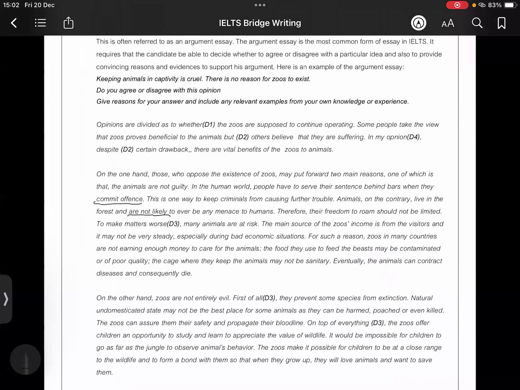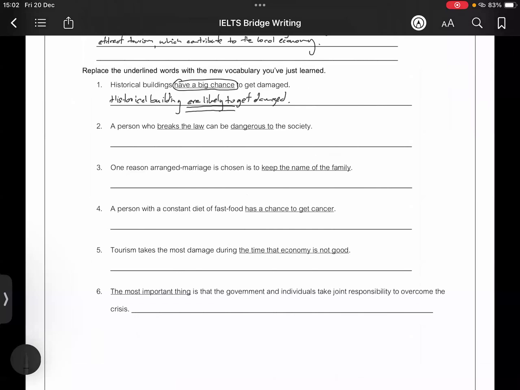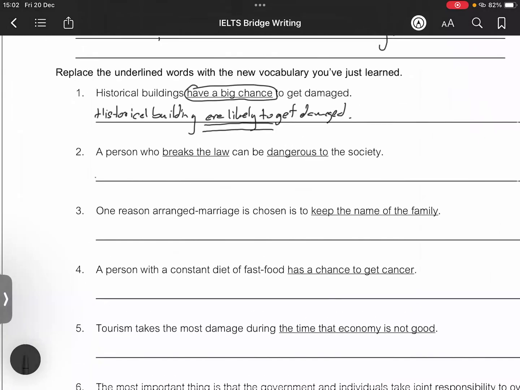The similar expression is be a menace to humans. So I can rewrite the sentence by saying that a person who commits offense can be a menace to society.